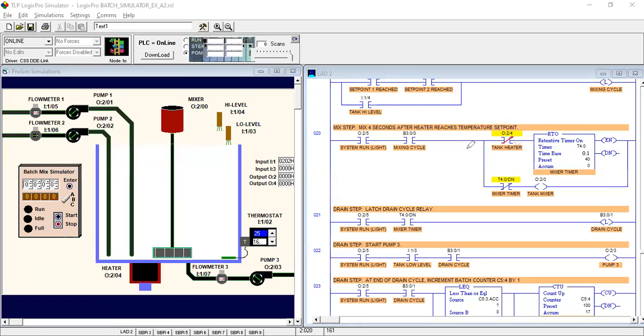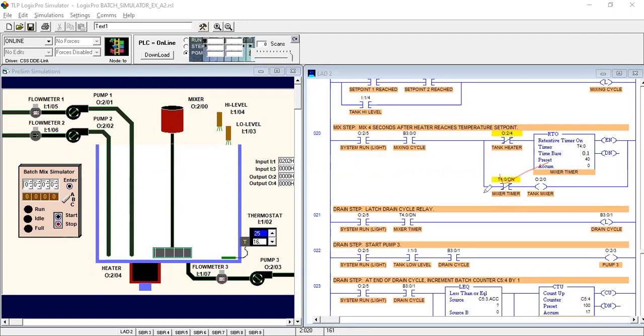A tank heater NC instruction is used here. And in the mix timer, this is the timer DN bit, the done bit. This is the same address and this is the same address, so same address bits are working here.